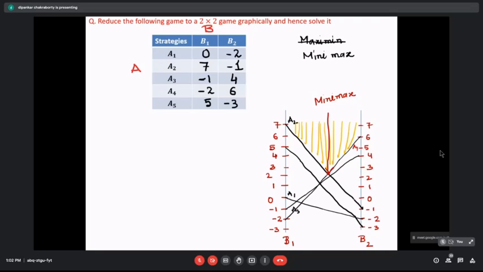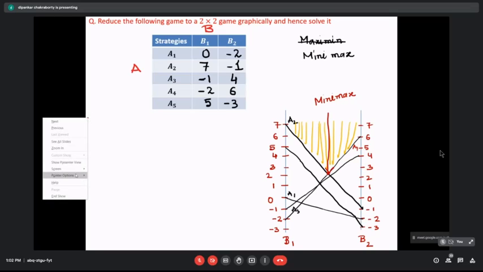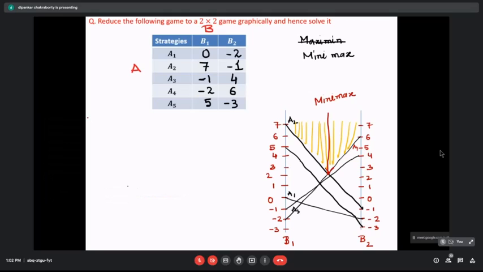So basically it is coming from the intersection of A2 and A4. Clear to all of you? Yes, sir. Okay.